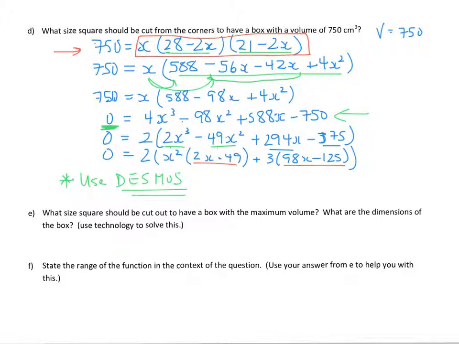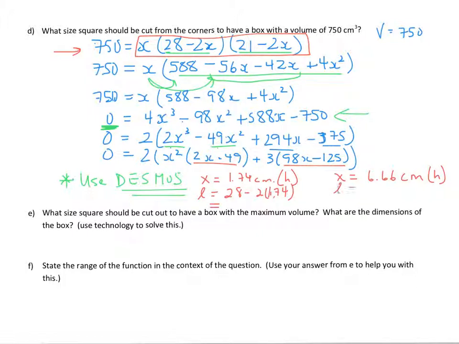If you've used Desmos here, you should get your x being equal to 1.74 centimeters, or x being equal to 6.66. That's a devilish number. Centimeters. So that's really your height. From there, you're going to sub that into your length, which is your 28 minus 2 times 1.74, and get that value.